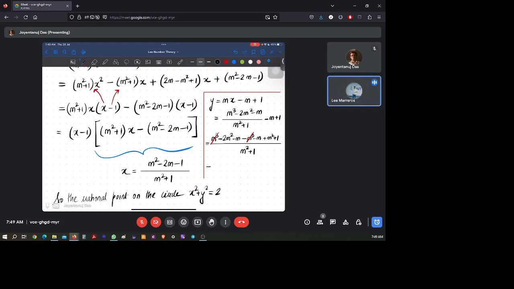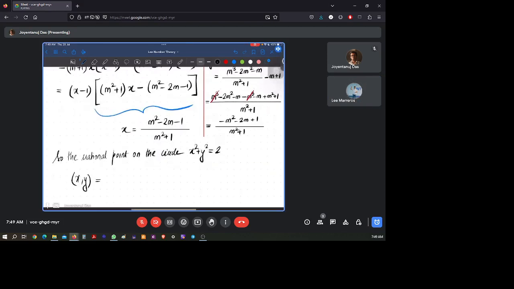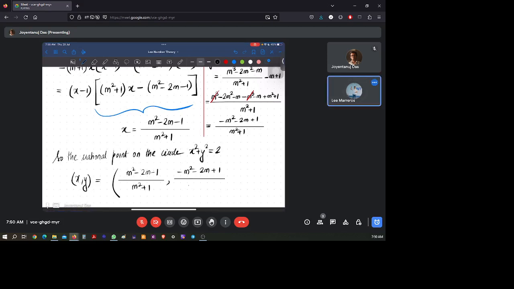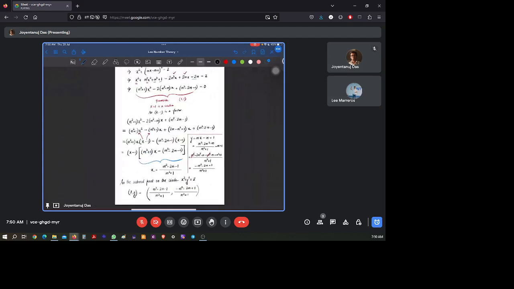So minus m squared minus 2m plus 1 over m squared plus 1. Yes. So this is our y. So the solution is this thing. This is part A of what they are asking.